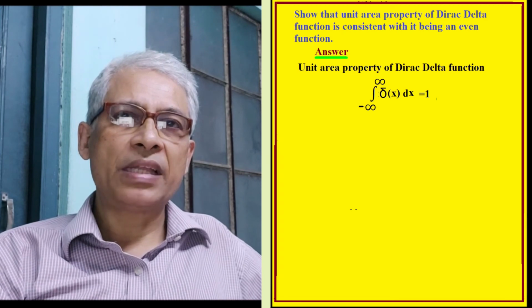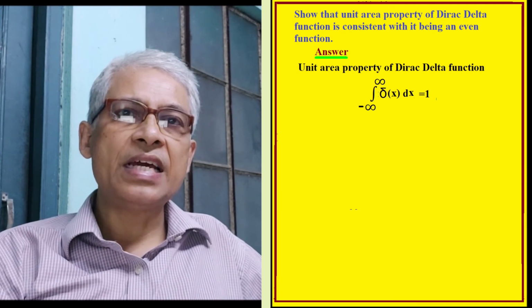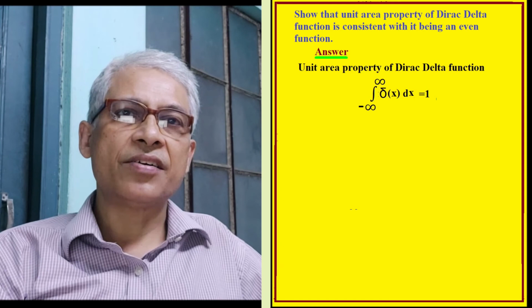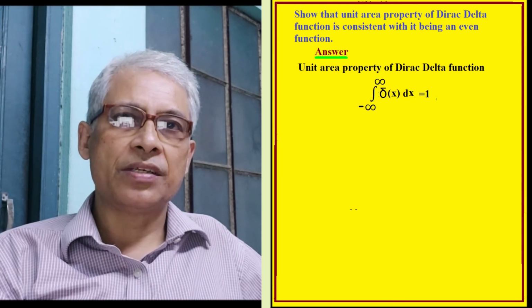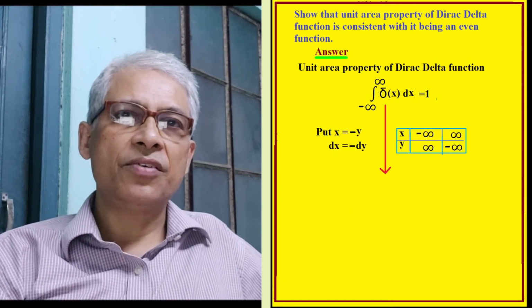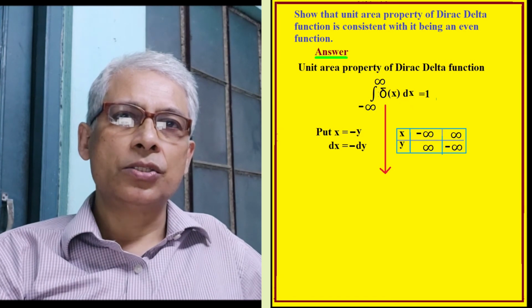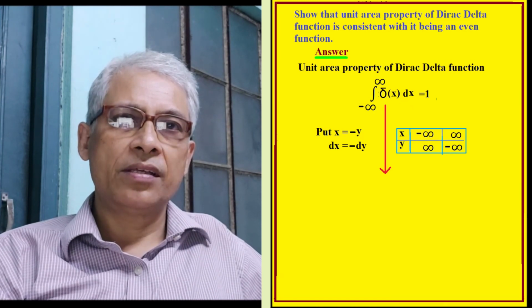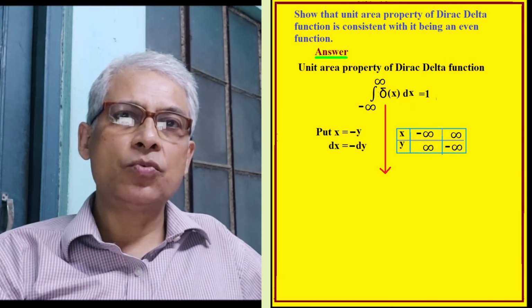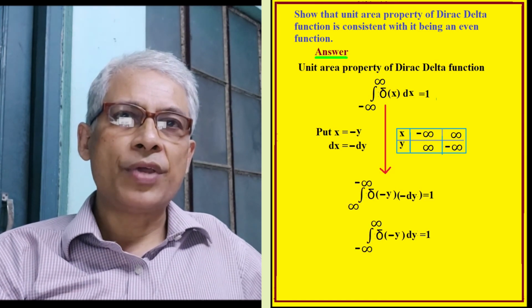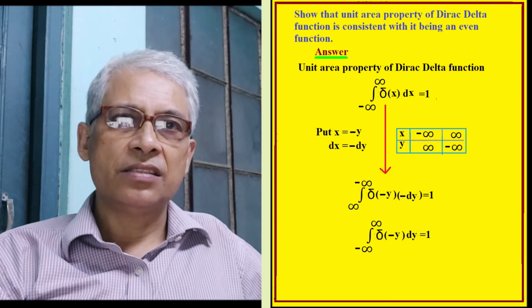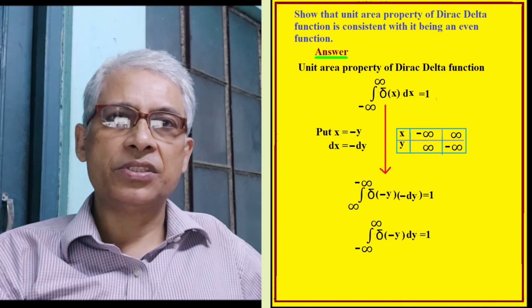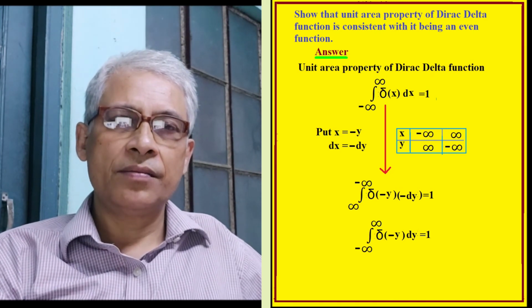Let us write down mathematically that the area which Dirac delta rides upon is unity, and let us change the variable from x to minus of y. So dx is minus dy and the limits get inverted, and we end up with, as you can see, the integral that involves Dirac delta of minus y.